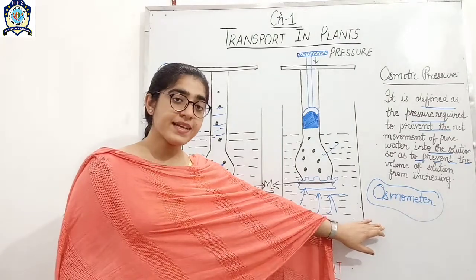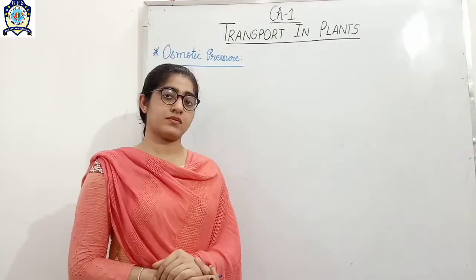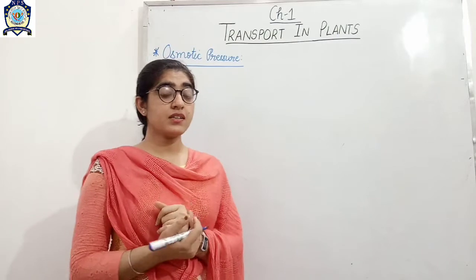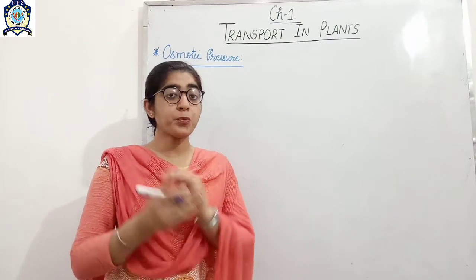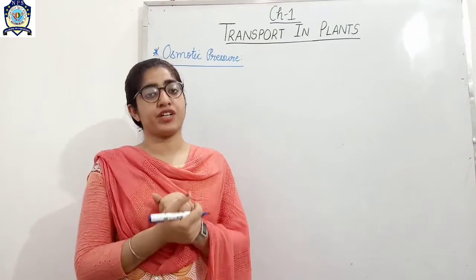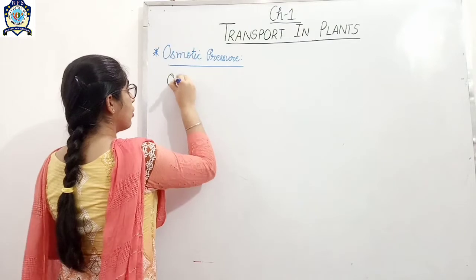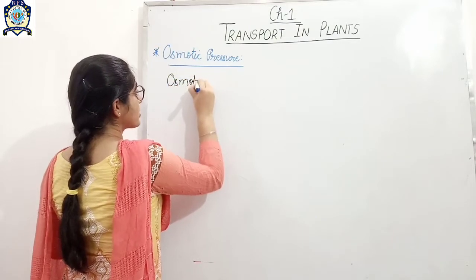Okay, next is the factors affecting osmosis. Let's start. Osmotic pressure is the pressure to prevent the net movement of pure water into the solution. So osmotic pressure is always positive.